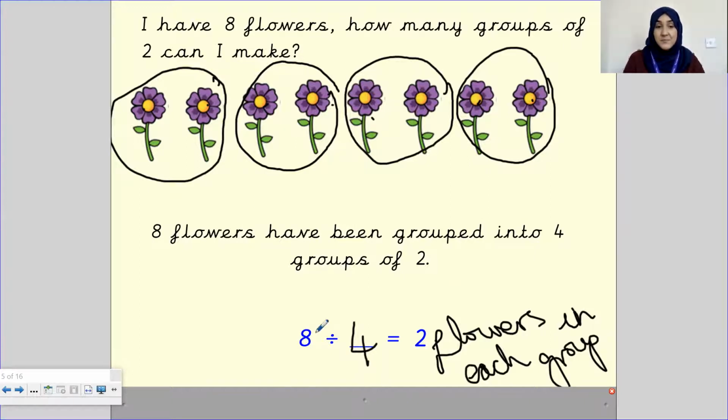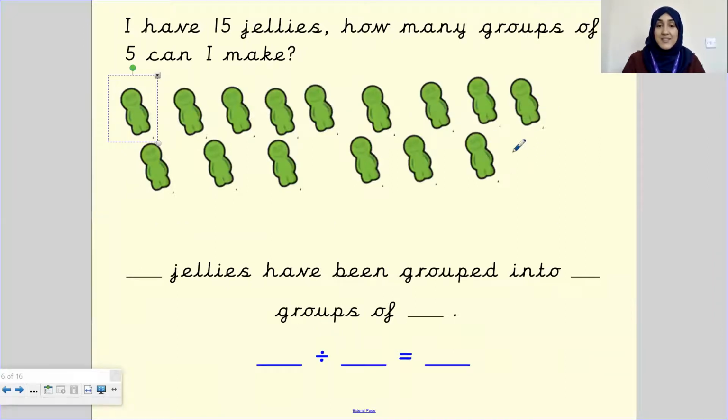Okay, now let's look at this example. So it says, I have 15 jellies. How many groups of 5 can I make? So I need to count. How many jellies do I need in one group, Mara's class? Well done. I need 5 jellies. So let's start counting.